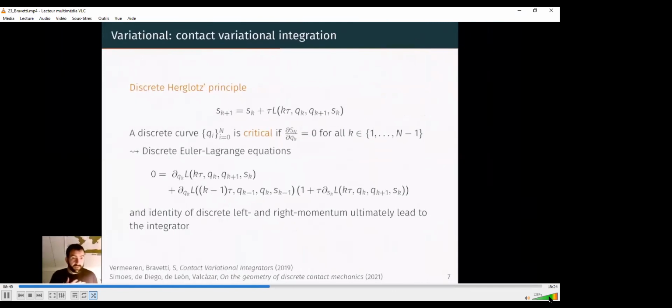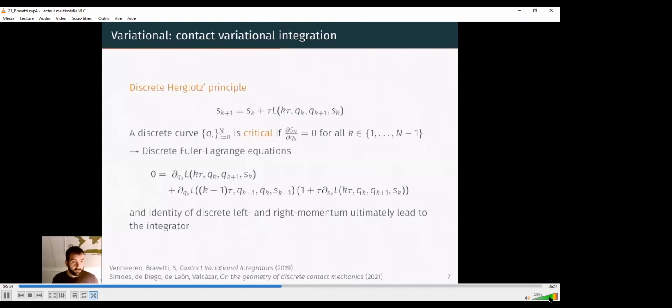Similarly, you can start from the Herglotz principle, discretize it, get what a discrete curve should satisfy to be critical, and solve the discrete Herglotz principle, and then you find that this gives you a rather explicit way to compute the discrete Euler-Lagrange form, and then from here, as you would do for a standard variational system, you can get an integrator.